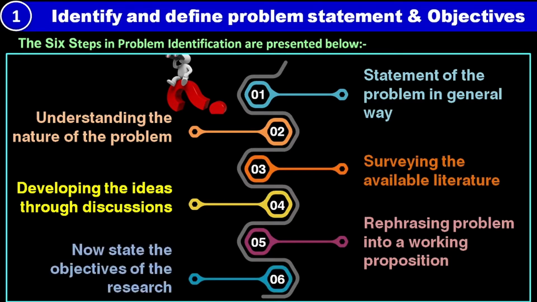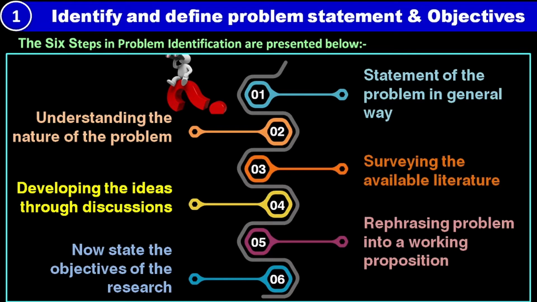And finally, state the objectives of the research. Objectives of the research are stated by the researcher after the completion of these steps. So step 2, 3, and 4: understanding the nature of the problem, surveying the available literature, and developing the ideas through discussion, lead to step 5.